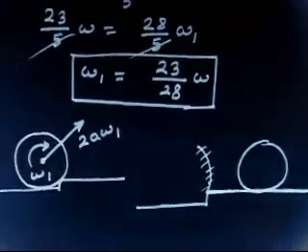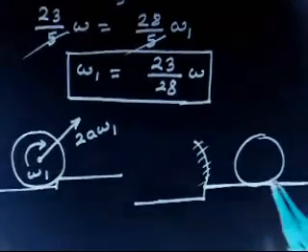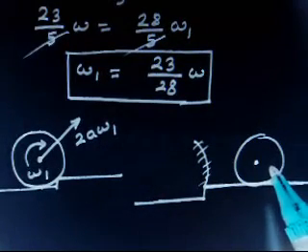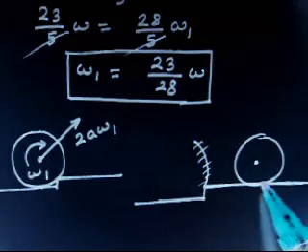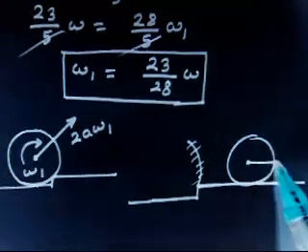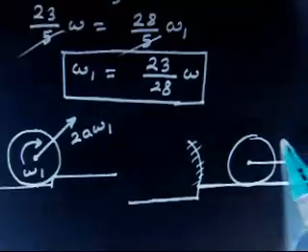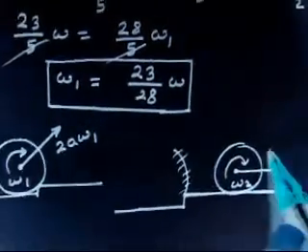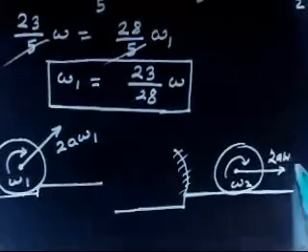And again it is doing pure rolling. If it just reaches here, this means it reaches here with 0 velocity, and that will give you the minimum condition. Or you can assume this sphere is moving in this direction with angular velocity omega 2 and linear velocity 2a omega 2.